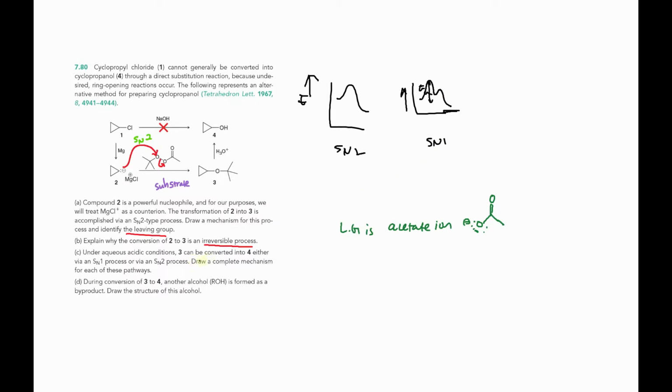Starting with SN2, we're going to have a simultaneous process in which the leaving group and the nucleophilic attack happen at the same time. So let's see, 3 to 4, I'm going to draw our reactant for this process, and then we have our reagent as an acid.